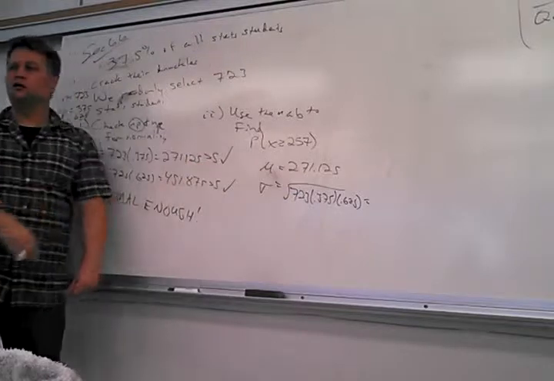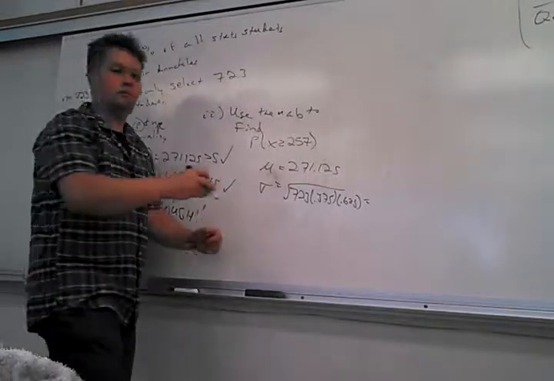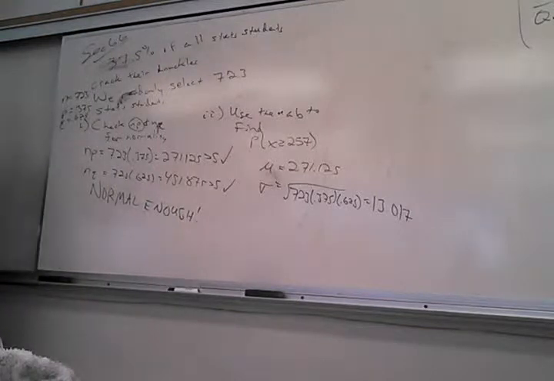Just do NPQ and then take the square root. 13.017. Is that good? Somebody's just hitting buttons to humor me. Yeah, it's 13. Yeah, that's what it is. Sweet. All right.